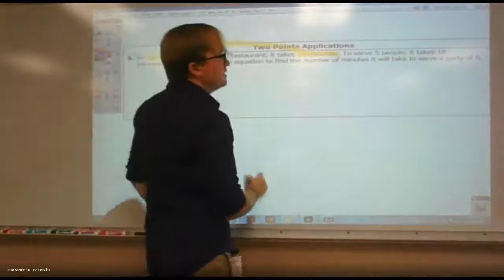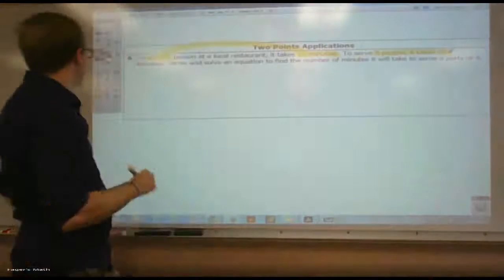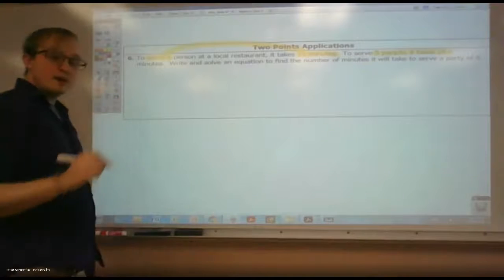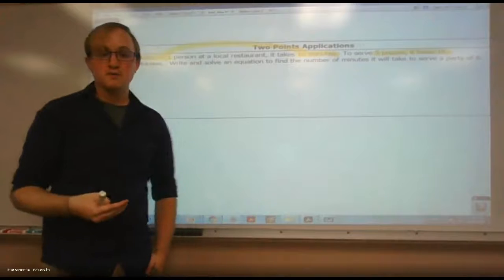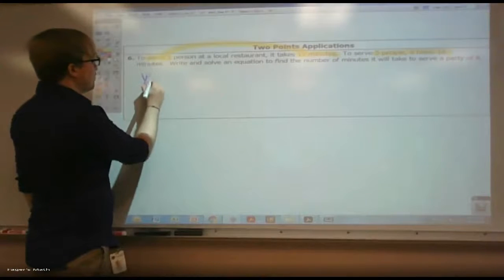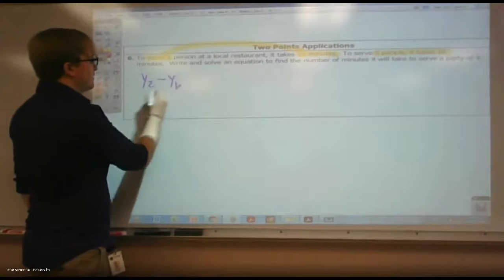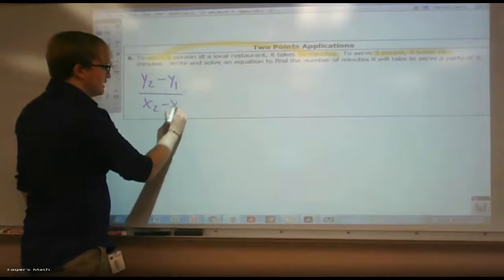Kind of connect these. To serve 5 people, 18 minutes. Now, for those of you who may remember, we have a formula for slope, and that is going to be so important here. Remember that our formula for slope is the difference in the y's, so y2 minus y1 over x2 minus x1.